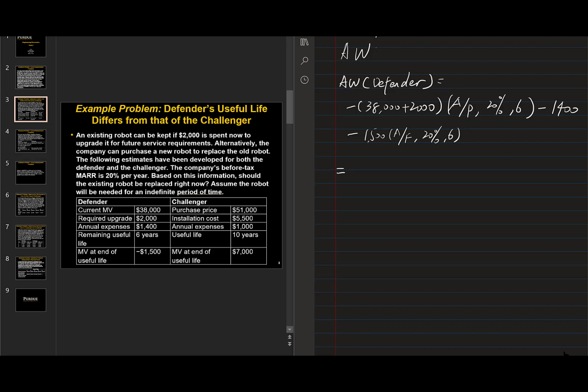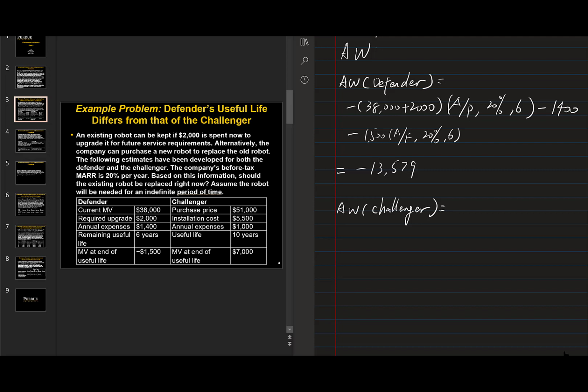We just plug in the numbers and we can get the final answer for the Defender as an annual worth of $13,579. Then let's look at the annual worth of the Challenger. And we still look at the ingredients one by one.